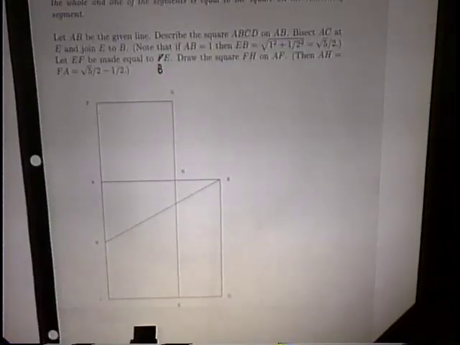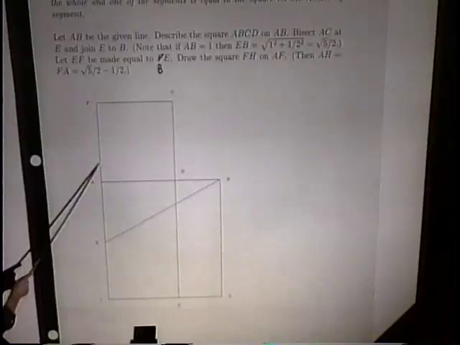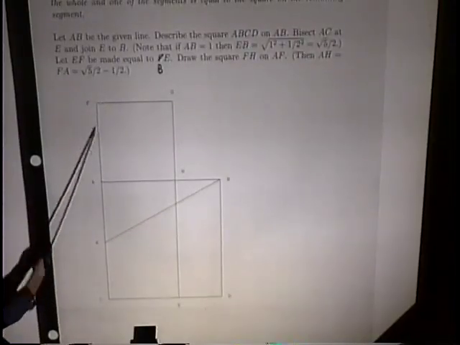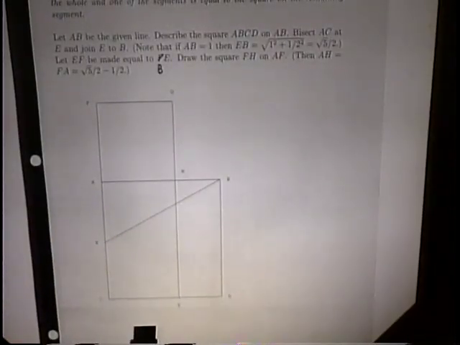So now we have to go from the square root of 5 over 2 to the square root of 5 over 2 minus 1/2, which is, of course, something hardly worth mentioning in our terms, but as you'll see, for Euclid it causes some trouble. So he says, let EF be made equal to BE. So there's BE, and I just draw, using a compass if you like, FE of the same length.